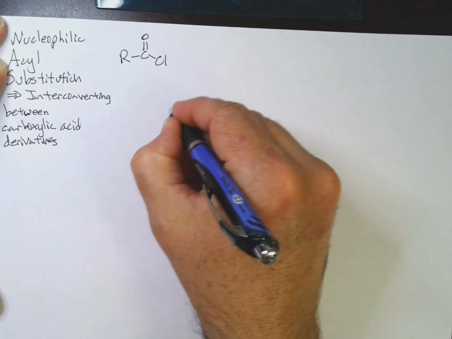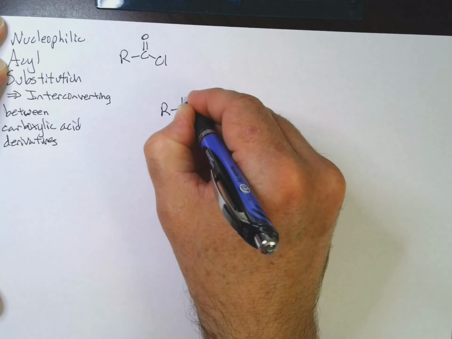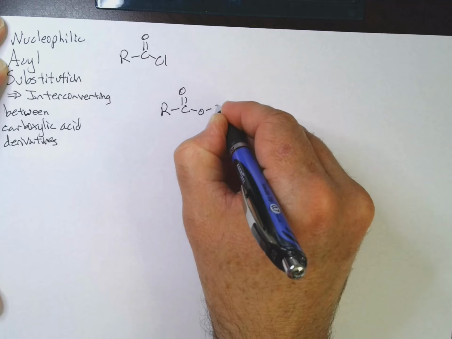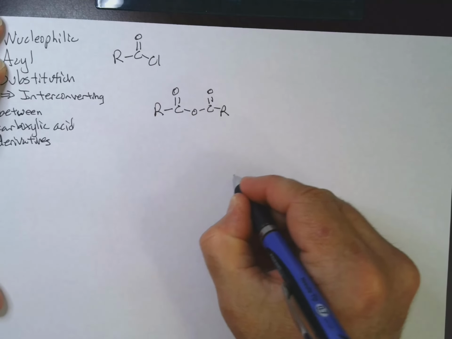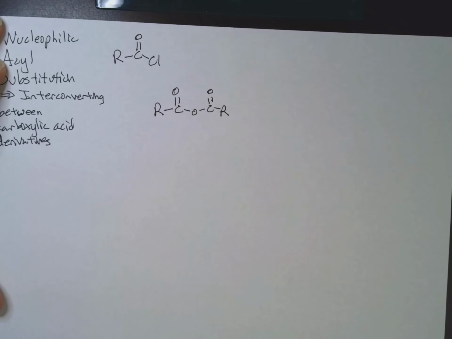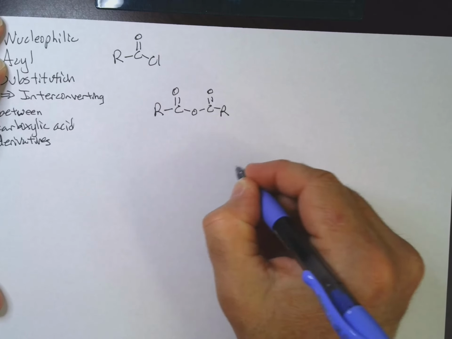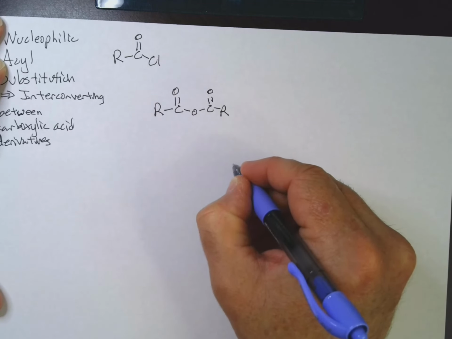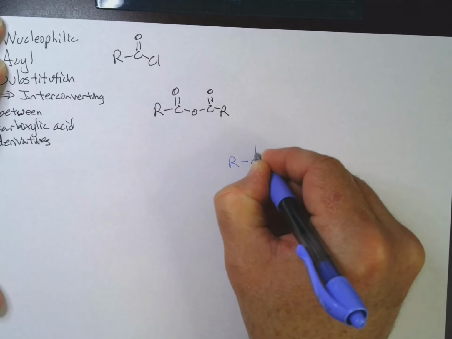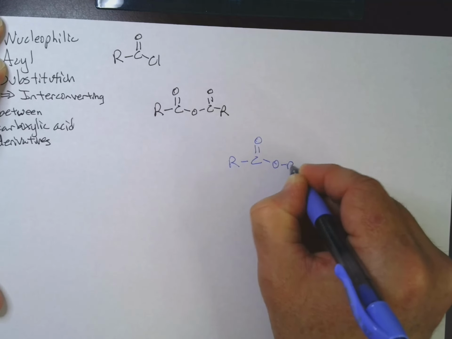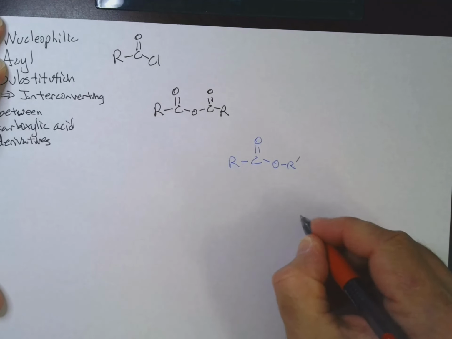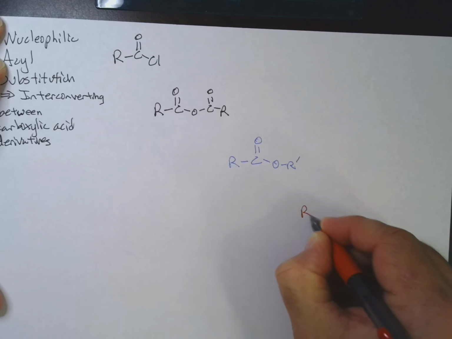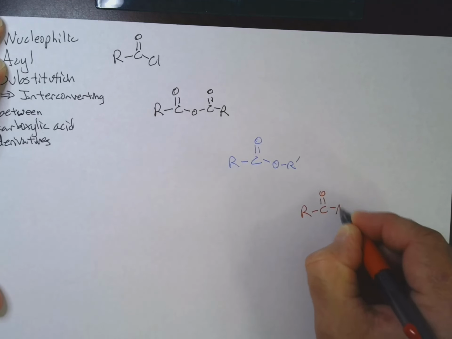And next, we've got our acid anhydrides. And next, we have our, let's do some different colors here. Let's do it in blue. Why not? We've got our R, C double bond O, O, R prime, our esters, and then our least reactive derivative is our amide.